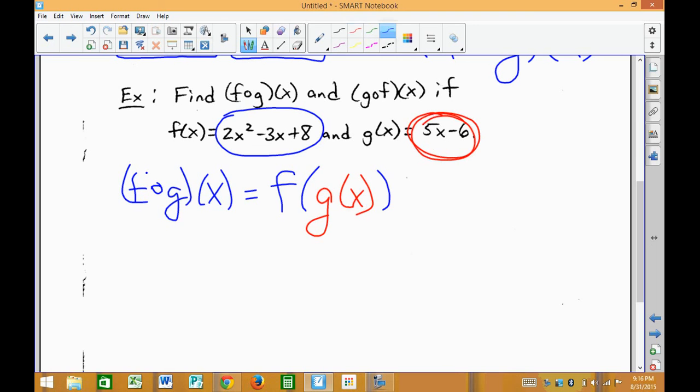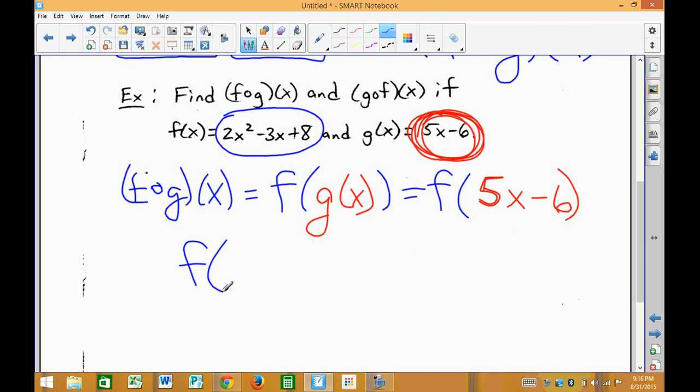All I'm going to do is replace G of X with what it's equal to. As we can see up here, G of X is equal to 5x minus 6. So I'm going to put that in. So F of G of X is now F of 5x minus 6.